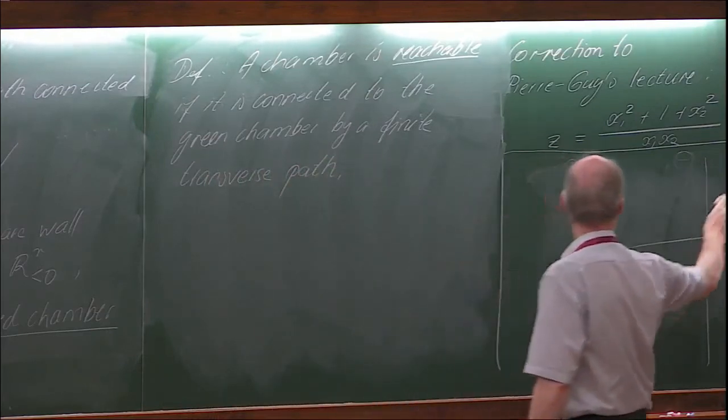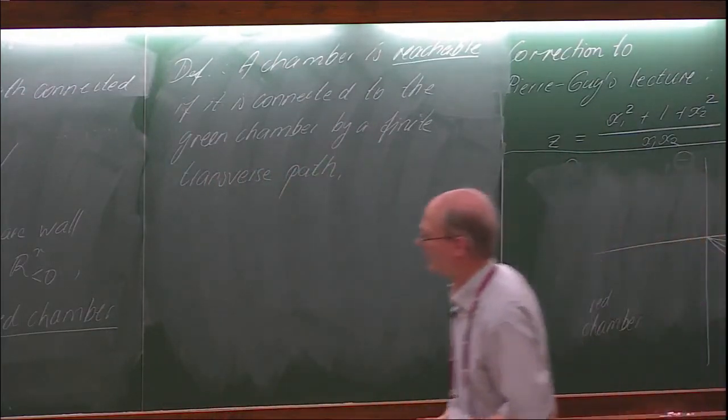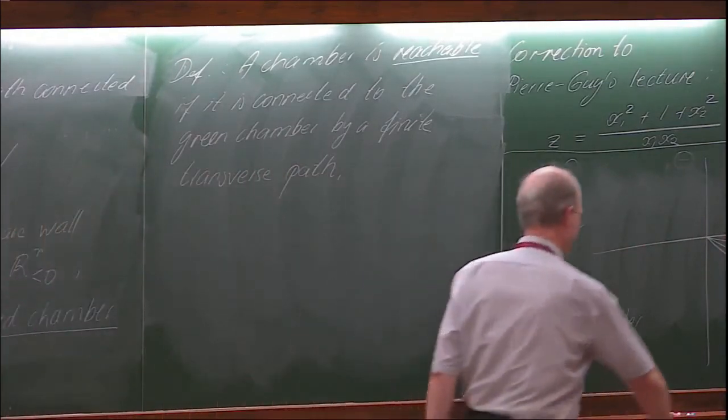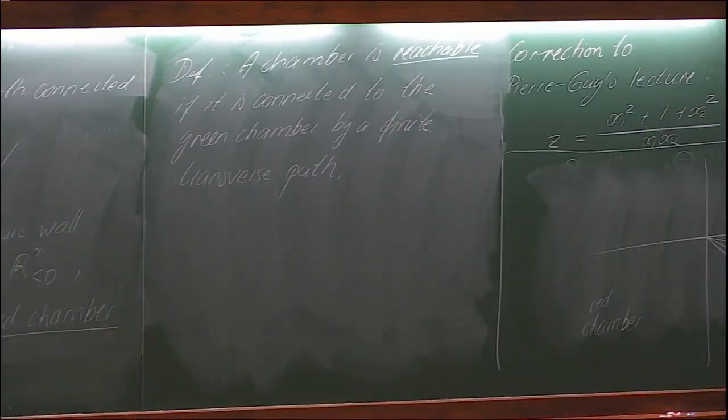So in the examples we have seen, all the chambers were reachable, but there are definitely quivers where not all chambers are reachable. For example, the quiver of the once punctured torus.